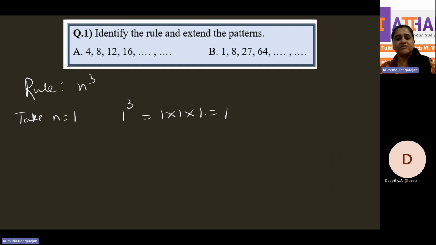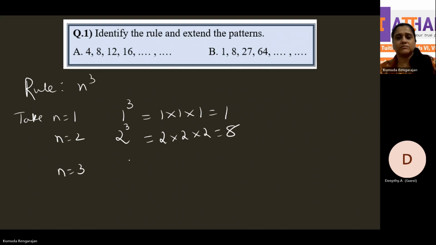Now, when you take n as 2, n is 2. So it will be 2 raised to the power 3. So what is it? 2 into 2 into 2, 8. When you take n as 3, 3 into 3 into 3, 27.